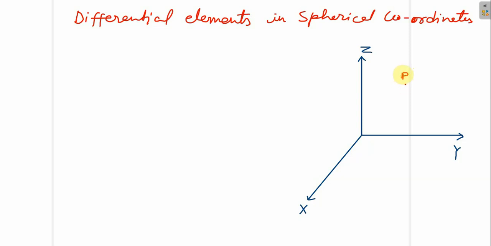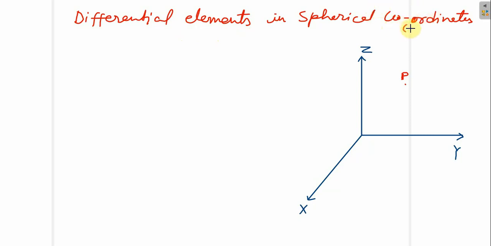Now, as I had already discussed in the earlier class, the meaning of differential element means we have some increment. So the differential increment in x can be said dx, in y it can be written as dy, and in z it is dz. So likewise we have this in spherical coordinates.